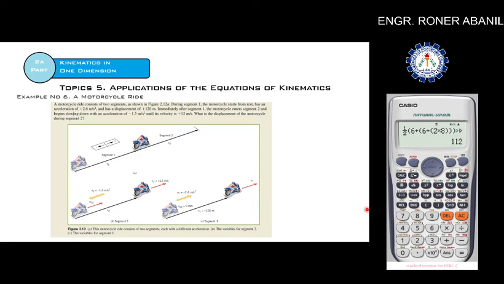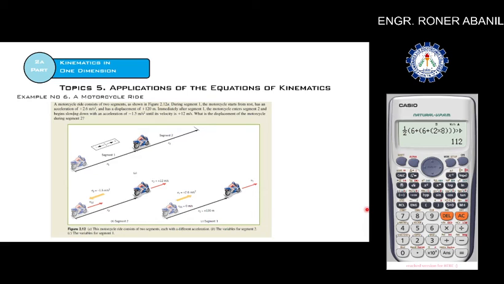Immediately after segment 1, the motorcycle enters segment 2 and begins slowing down with an acceleration of negative 1.5 meters per second squared until the velocity is positive 12 meters per second. What is the displacement of the motorcycle during segment 2?